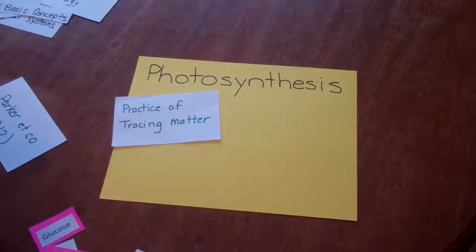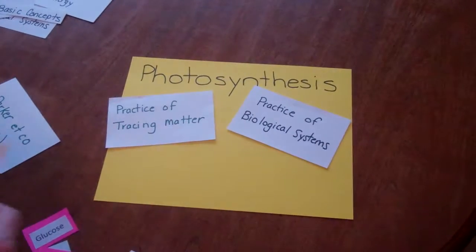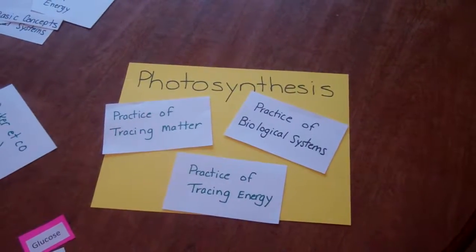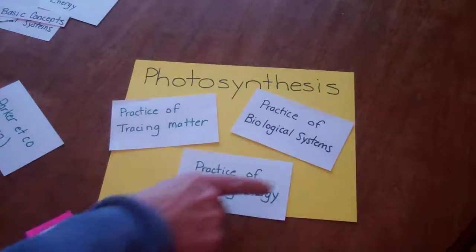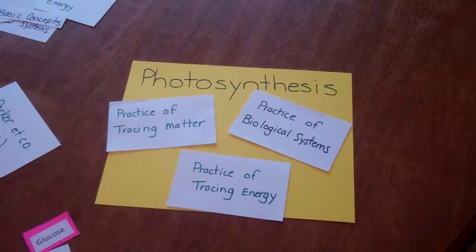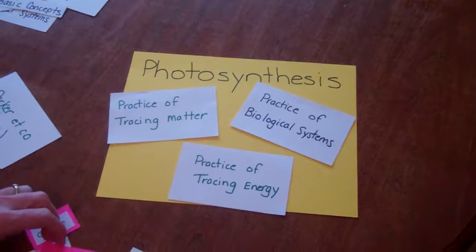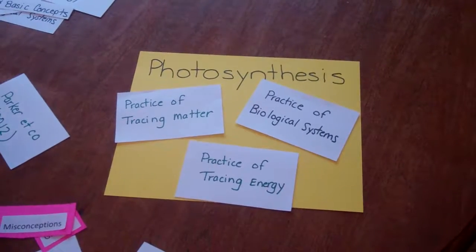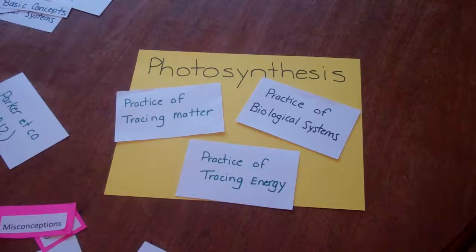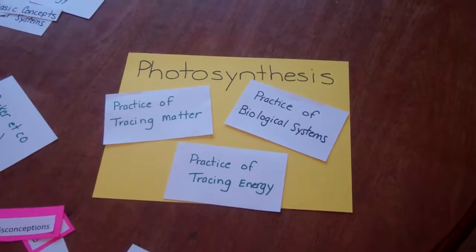It would be the practice of tracing matter, the practice of biological systems, and the practice of tracing energy. Using these 3 practices, they're hoping that students at the end of the unit will have fewer misconceptions than when taught using the traditional methods, light-dependent and light-independent structures.